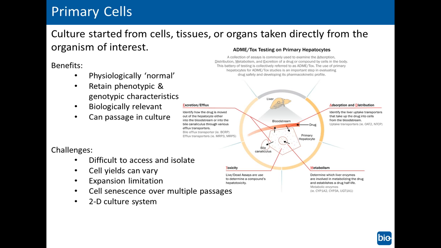Now these cells can be passaged in culture, but this is finite, so they have expansion limitations, and this is due to the fact that the cells will senesce over multiple passages, and then a new source of primary tissue will be needed. And again, just like cell lines, these primary cells are typically cultured in 2D monolayers, which again is farther removed from the 3D microenvironment that a drug may be interacting with in vivo.